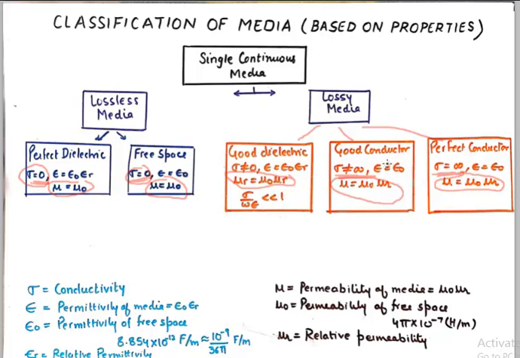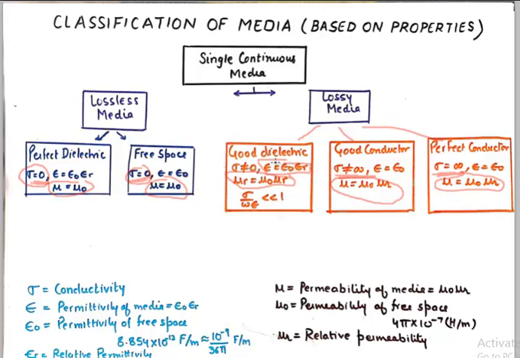For good conductor, epsilon is going to be equivalent to epsilon naught, and for perfect conductor also epsilon is equivalent to epsilon naught. And for good dielectric, epsilon will be equivalent to epsilon naught into epsilon r.